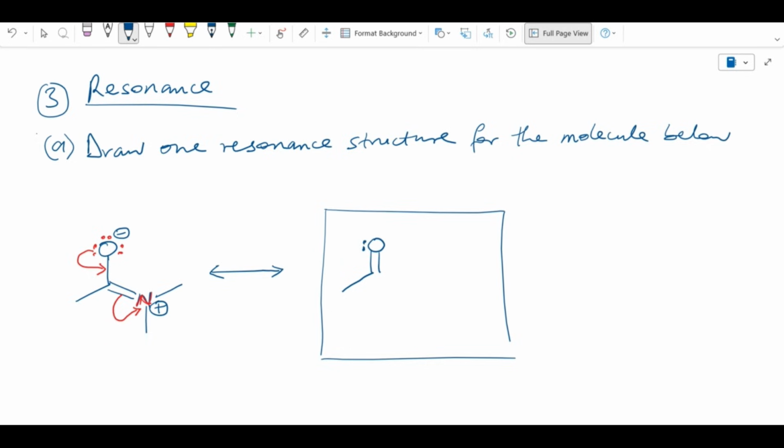Since oxygen has used one of its lone pairs to form the pi bond, it will now have 2 lone pairs on it. And because the oxygen donates electrons, we're going to give that oxygen a positive charge. Positive and negative charge on the same atom will cancel out, such that this oxygen would then be a neutral atom. Now, the pi bond between carbon and nitrogen is going to become a single bond.